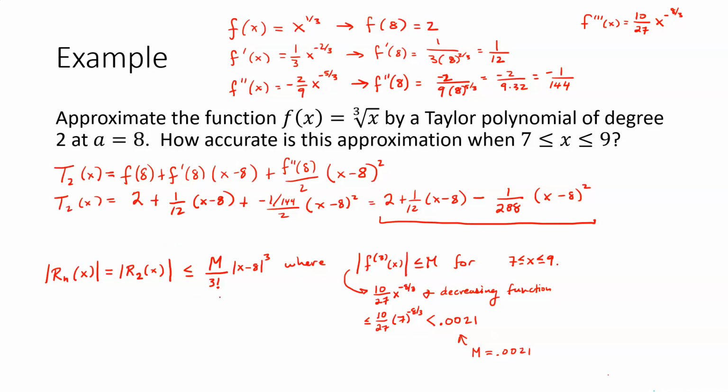And so putting that all together, we know that for m we can use 0.0021 over 3 factorial. What can we say about the absolute value of x minus 8 cubed? Well, we know that on the interval 7 to 9, x minus 8 will be between -1 and +1. So we can say here that the absolute value of x minus 8 is less than or equal to 1. So this will be less than or equal to 1 to the power of 3.